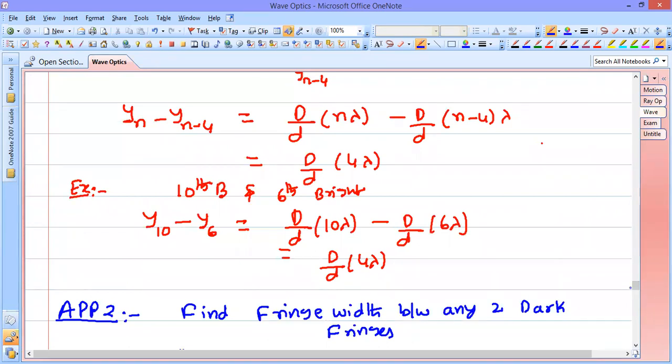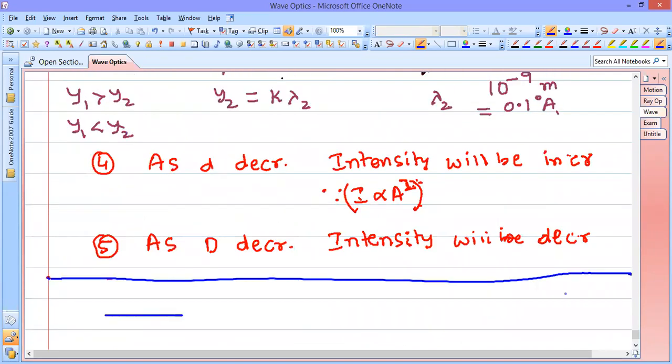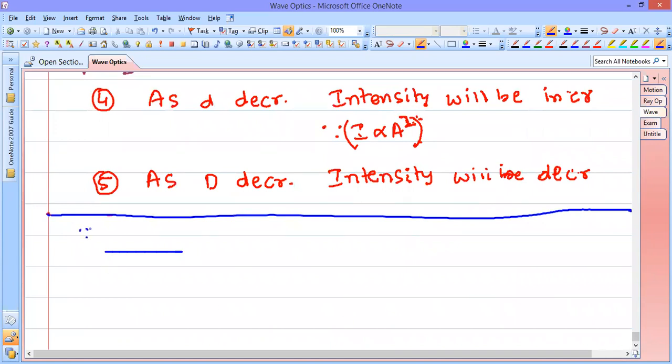Okay. Next one is interference in thin films.